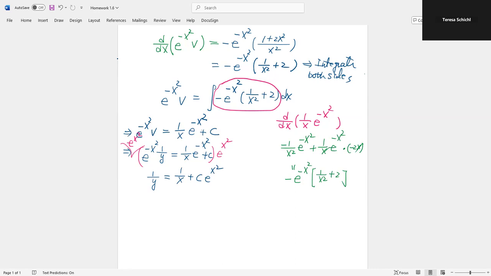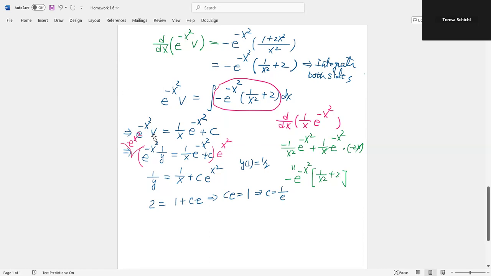Now my initial condition is y(1) equal to 1/2. So 1 over y, so this 2 is 1 plus c times e. That means ce equals 1, so my constant c is 1 over e.